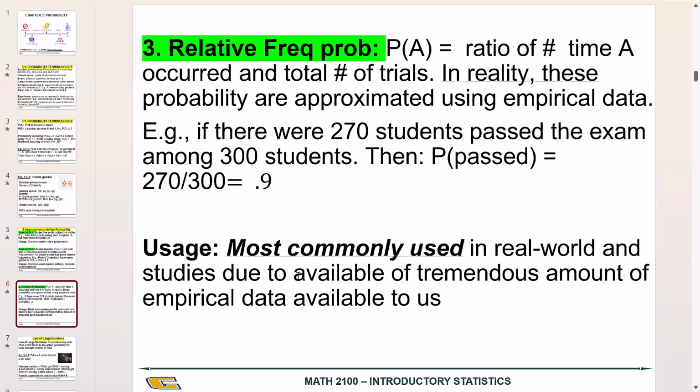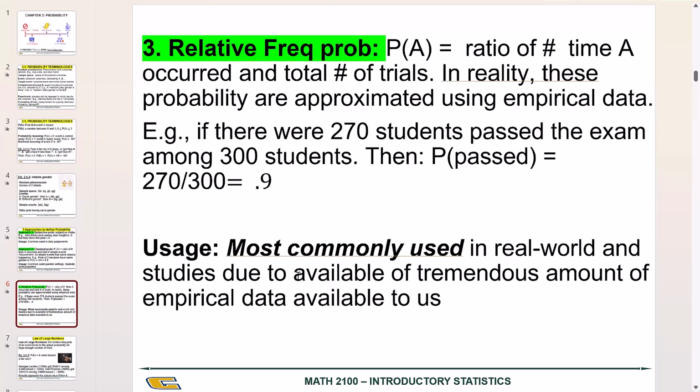One strategy you can do is look at the past data and say, okay, we got 300 students enrolled in my class, and 270 students passed. So from that, you can give a rough estimation. The probability of taking my class and passing is 270 divided by 300, which is 0.9, or 90%.